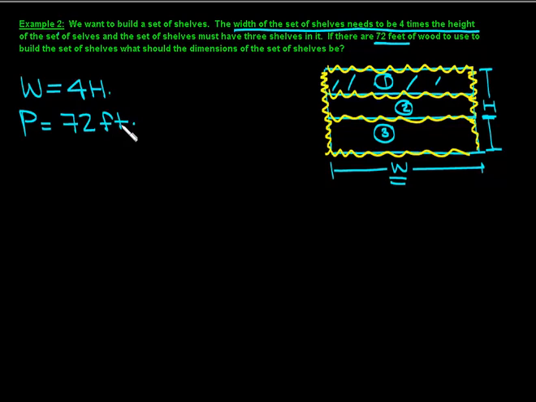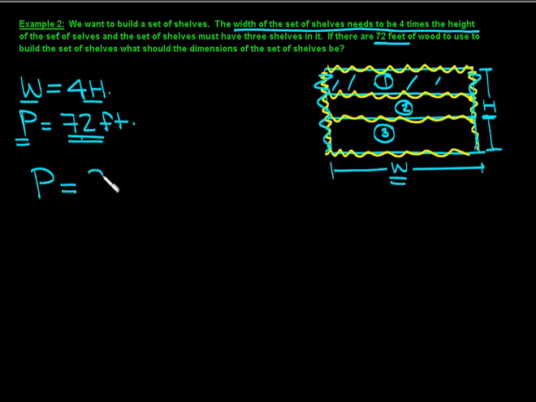Okay, they gave us this, we were able to draw this nice picture to help us out, and they told us a few things about the relationship between the width and the height, and they've told us something about the perimeter. Okay, so now we need to come up with a formula that relates the knowns and the unknowns. This is known, and these are my unknowns. So I want to come up with a formula that relates that. Well, my P, if you think of that as your perimeter, or the amount of wood, you're going to use it to make this side and this side.